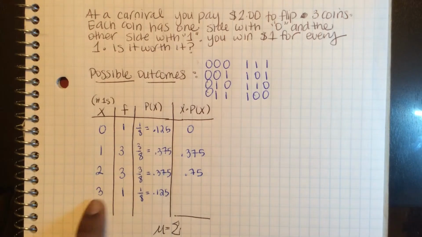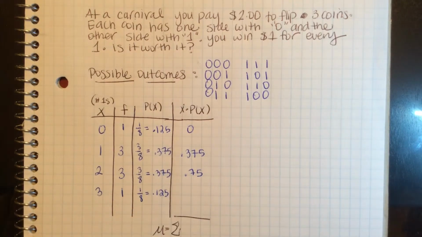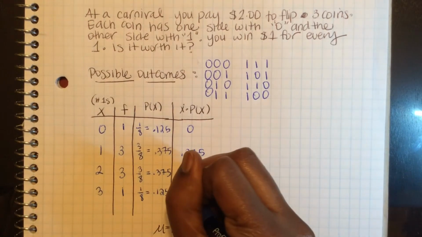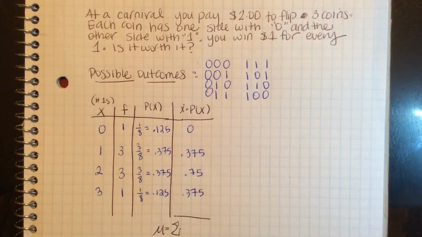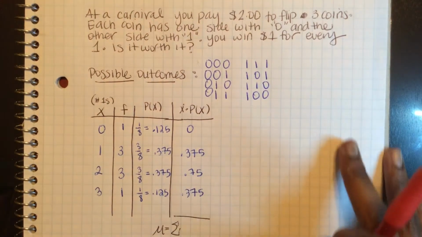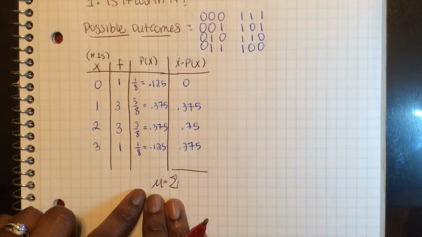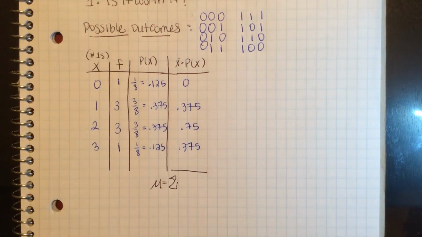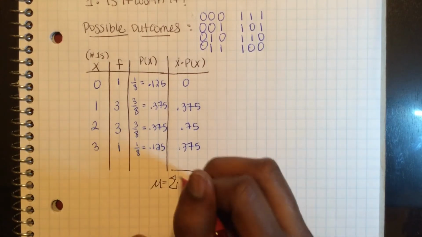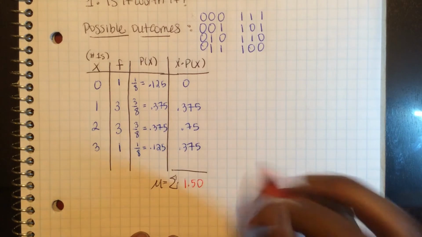And then 3 multiplied by its probability is 0.375. Now, in order to find my mean, which is my expected value, I need to add those up: 0 plus 0.375 plus 0.75 plus 0.375 is 1.50.